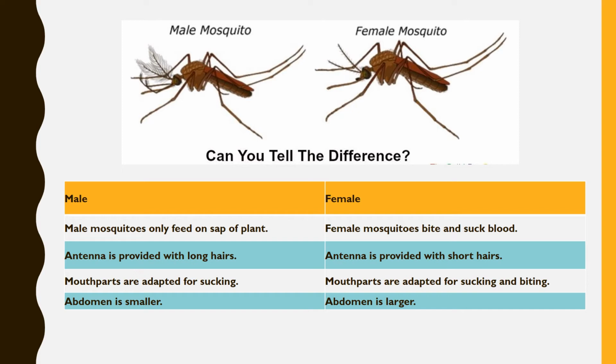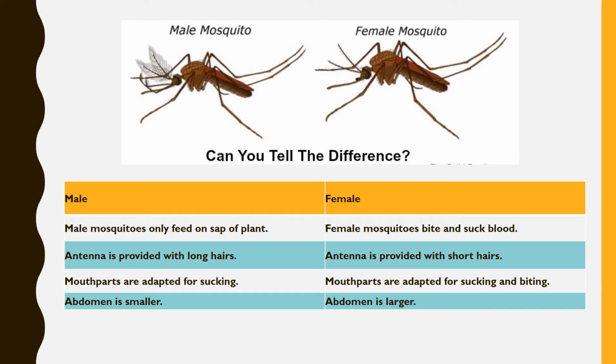Can you tell the difference between male mosquito and female mosquito? Male mosquitoes only feed on sap of plant, while the female mosquitoes bite and suck blood. In male, antenna is provided with long hairs, while in females, the antenna is provided with short hairs.